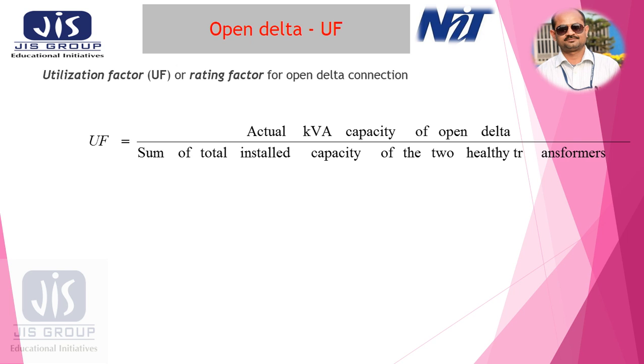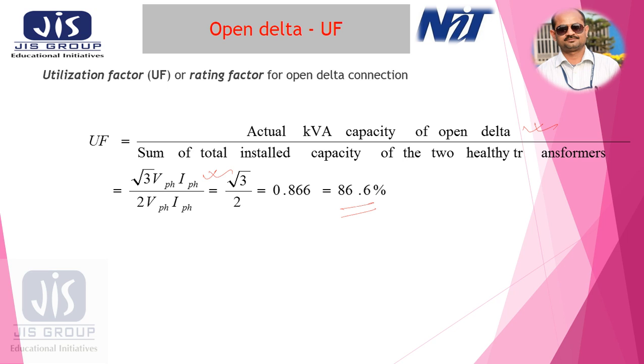So what should be the utilization factor? So my utilization factor is 86.6%. Actual capacity, how much? It is root 3 V phase I phase. And the sum of total installed capacity of the two healthy transformers, first one is V phase I phase, second one is also V phase I phase. So arithmetic sum is 2 V phase I phase, so it is root 3 by 2.